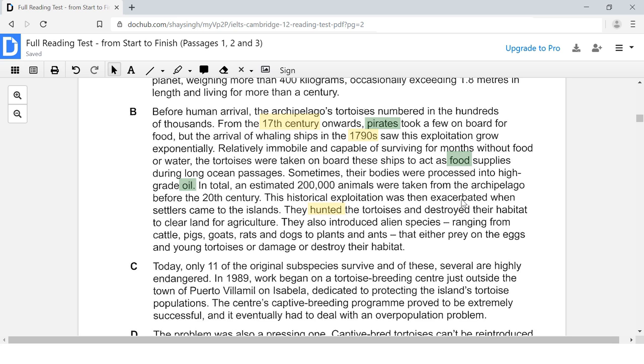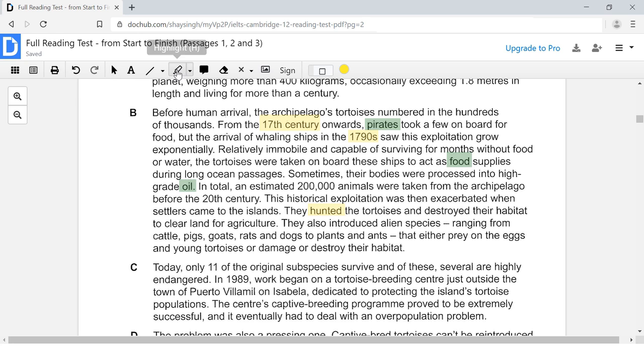Exacerbated means to make something worse. It was then exacerbated when settlers came to the islands. Settlers are the ones who hunted the tortoises. They destroyed their habitat. So that is going to be the correct answer for question number 11.